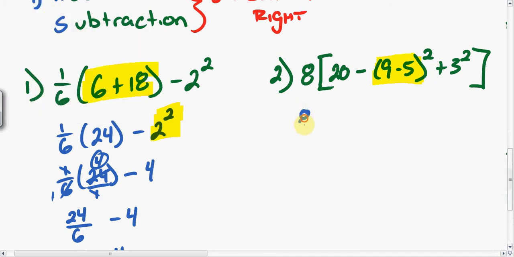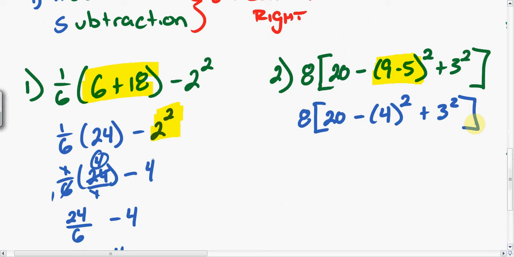So I'm going to drop down the 8, drop down the 20, 9 minus 5, well that's 4. So I've got 4 squared, and then I'm going to drop down my 3 squared. So there's nothing left for me to do there, so I'm still working on my P, my parentheses, and now I'm going to the outermost parentheses, and I can see that there's a lot to do in here.